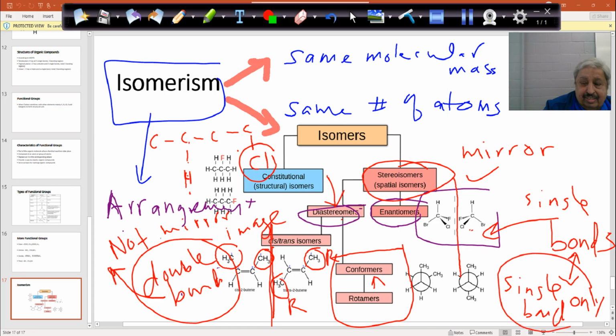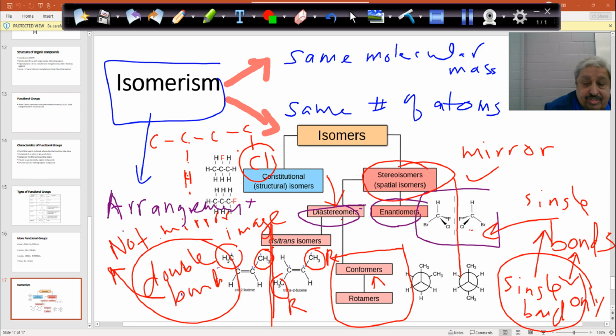The rotation is making rotamers, or conformers, correct?